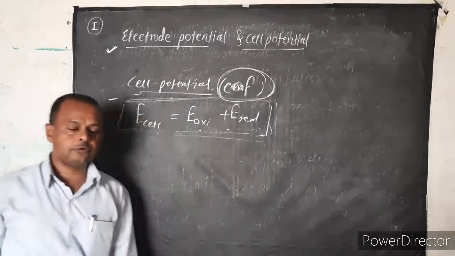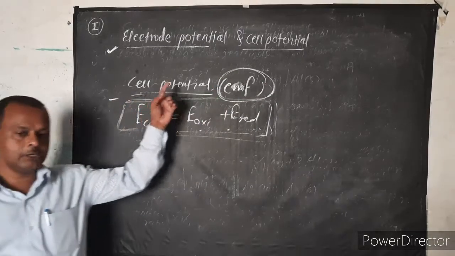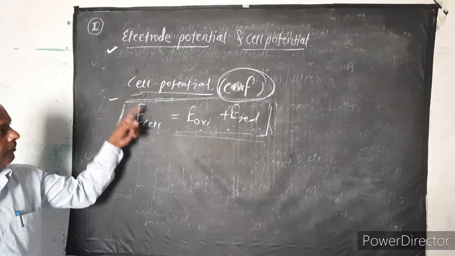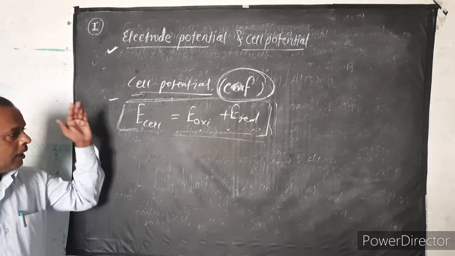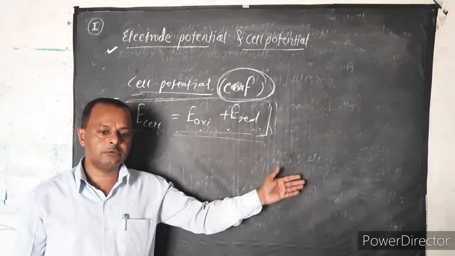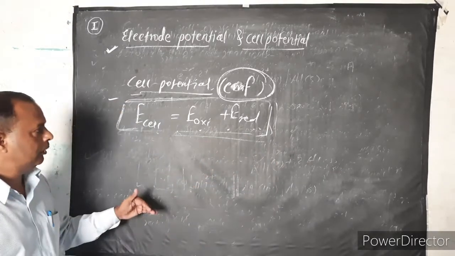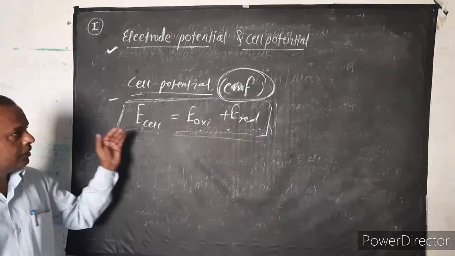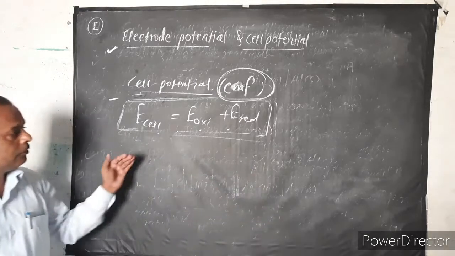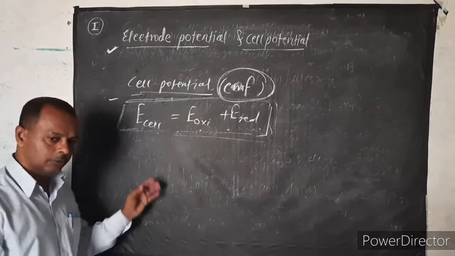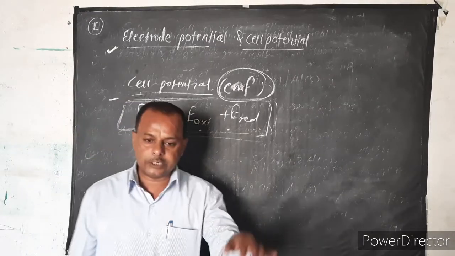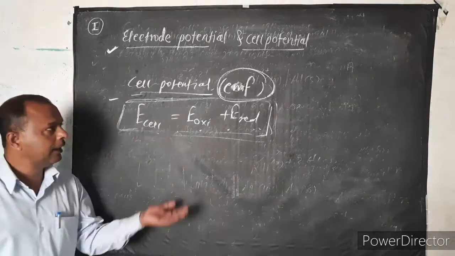So electromotive force or cell potential is the potential difference responsible for the flow of current from the higher potential electrode to the lower potential electrode, or for the flow of electrons from anode to cathode, because the flow of electrons is opposite to the current direction.